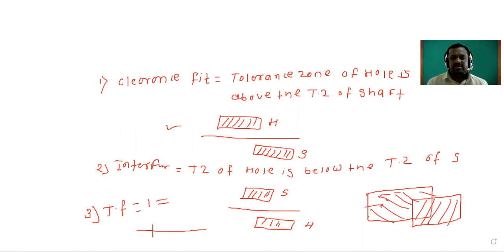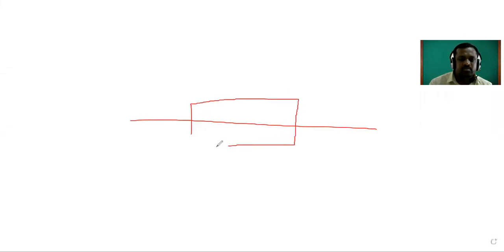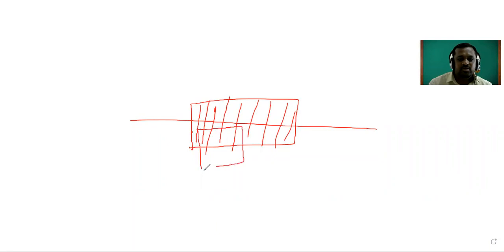Okay, understood? Or like this. See, this is the hole, and this is the tolerance zone for the shaft.